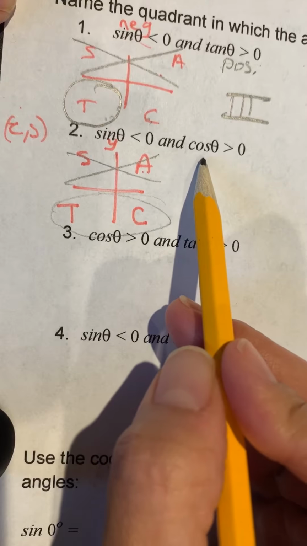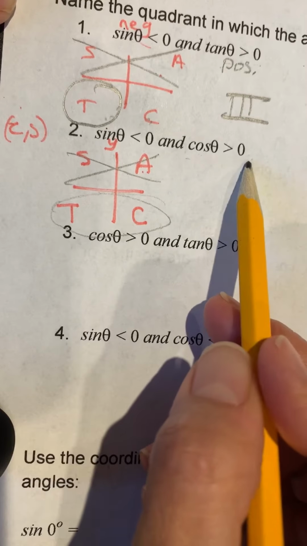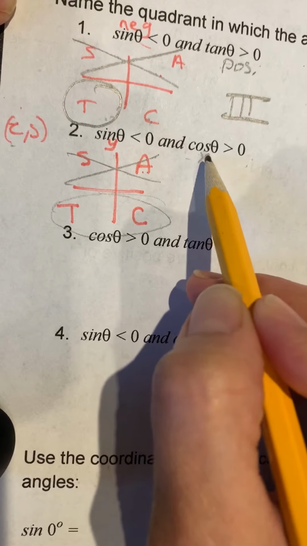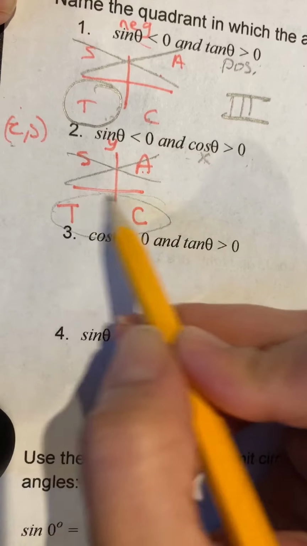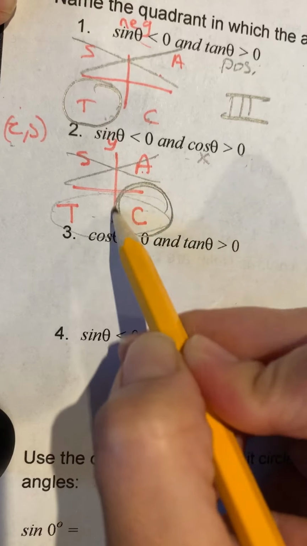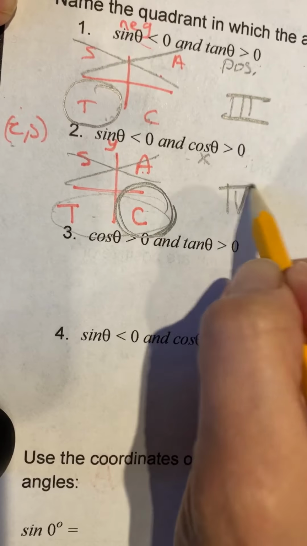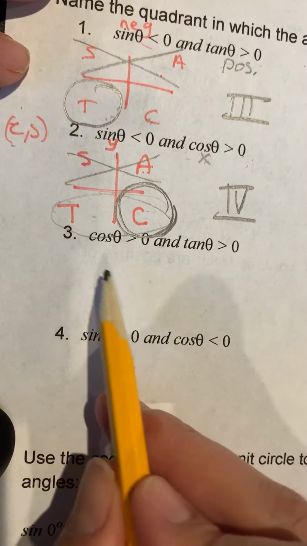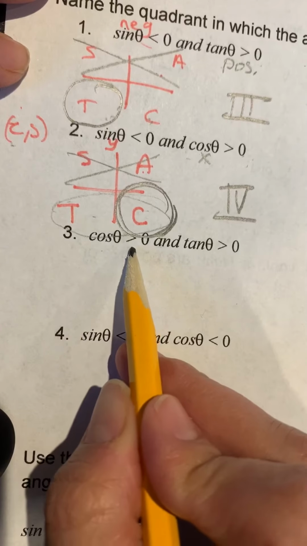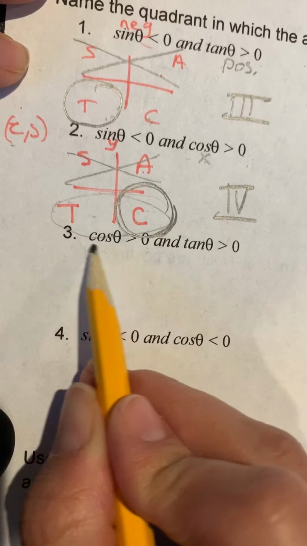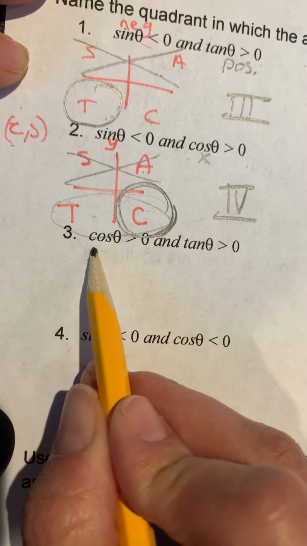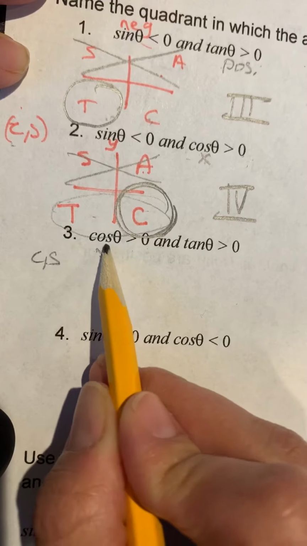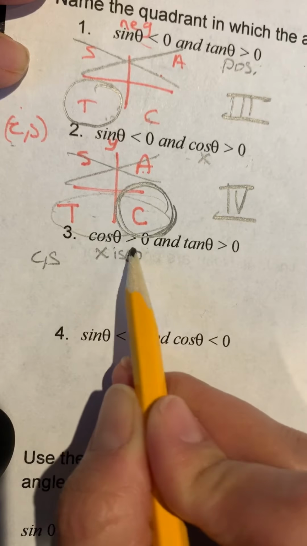And then where is cosine greater than 0? Cosine positive. And they go, oh, cosine is the x. So they think of x. Where is x positive? Well, x is positive in this one. So it's quadrant 4. That might work better for you. I don't know. It's whatever works. Here, cosine is greater than 0. So cos positive means x is positive, right?